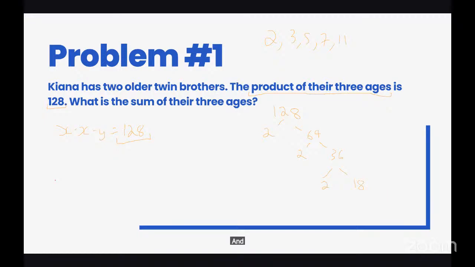And 18 is another even number, so you can go 2 and 9. And 9 is an odd number, but it has a factor of 3. Let me just see, oh, I think I made a mistake. Yeah, it's not 36. Oops.